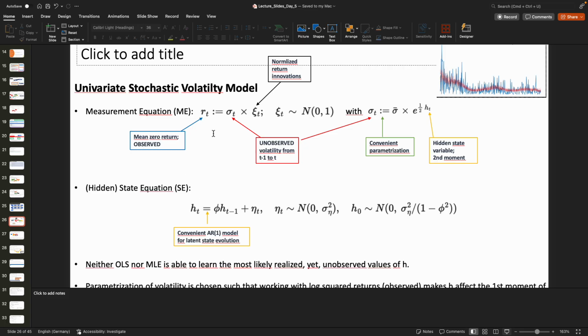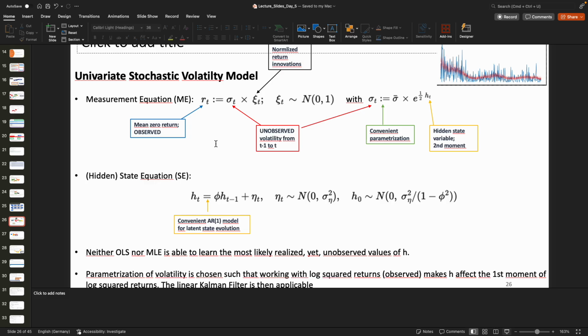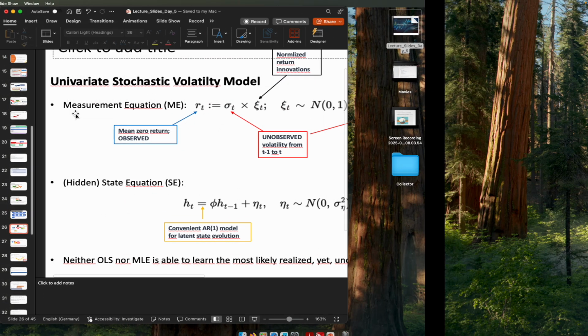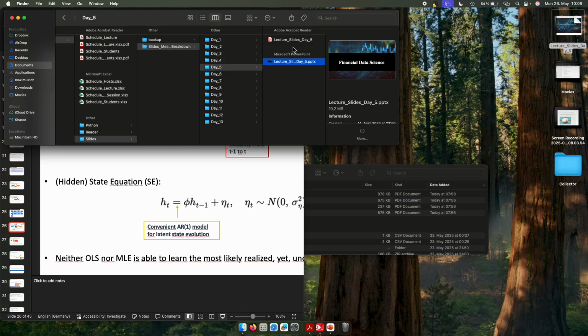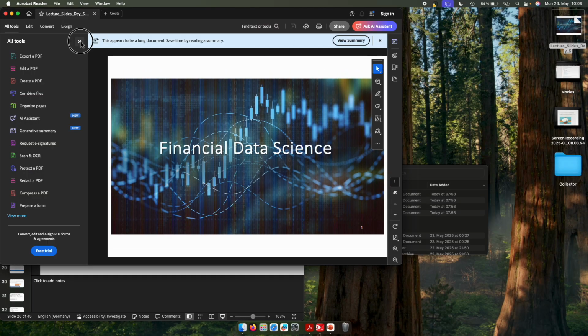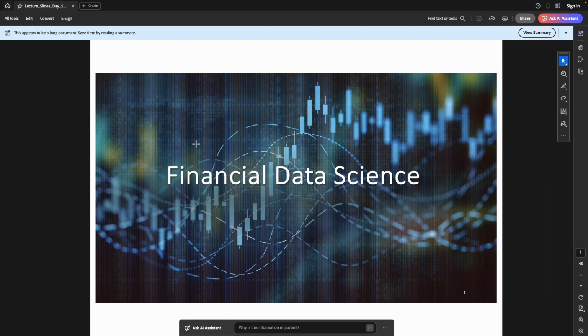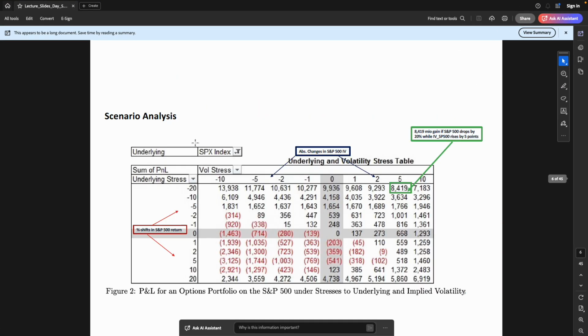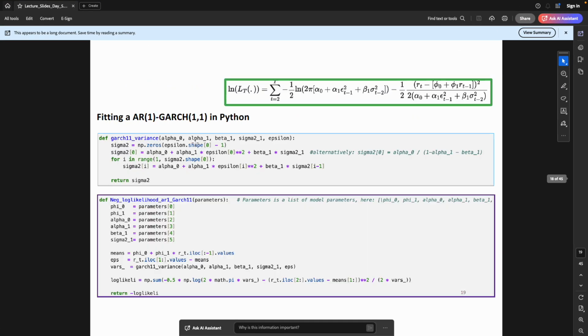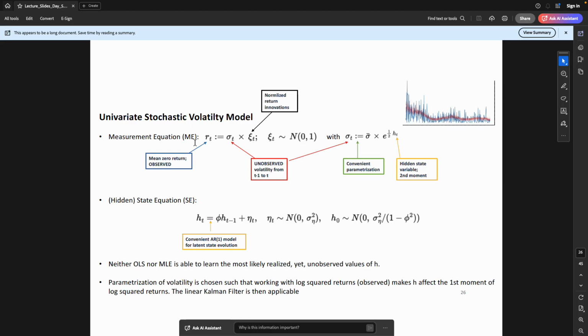Now both of these equations together is a state space system, because a state space system consists of, I think I should maybe keep working with the PDF. Okay. A state space system has a measurement equation and has a state equation.